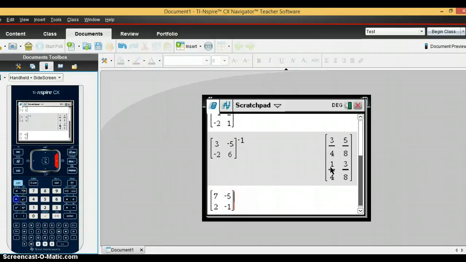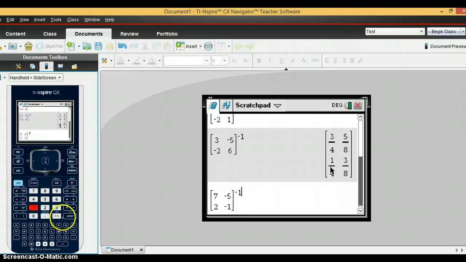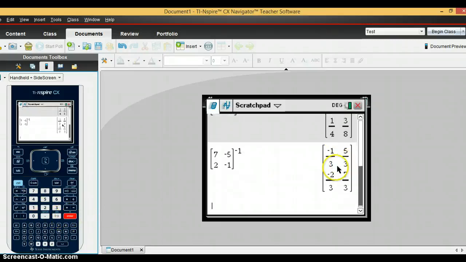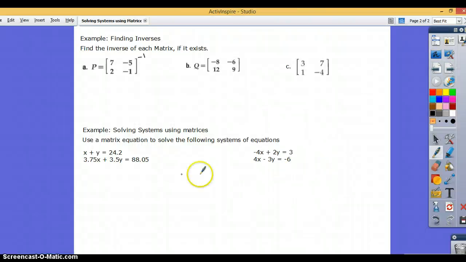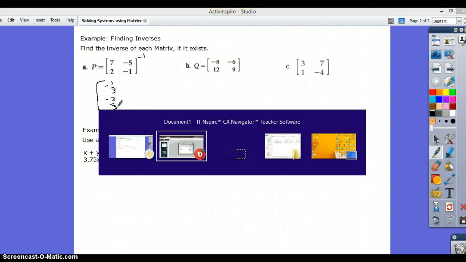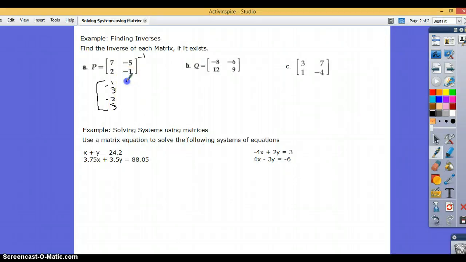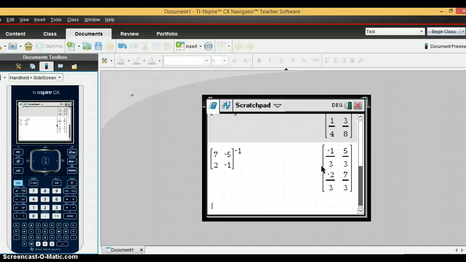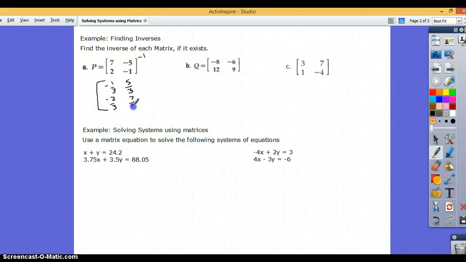And then we're going to raise that to the negative 1. And we get that it is negative 1/3. So I'm going to write that down. So negative 1/3. Below that is negative 2/3. Over here we have 5/3. And then we finally have 7/3. And that is the inverse to this matrix.